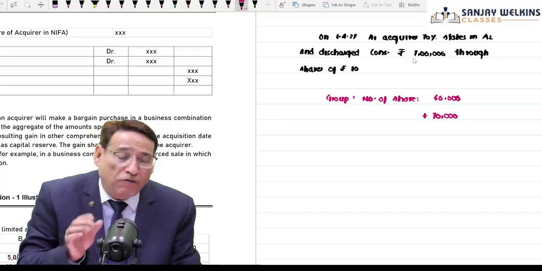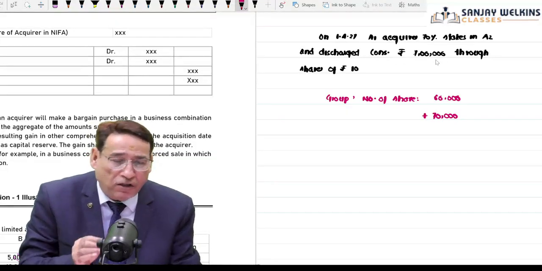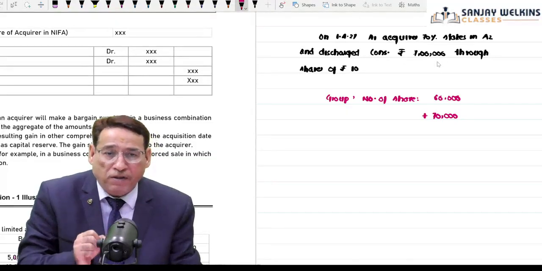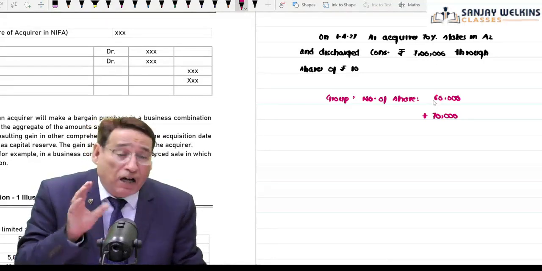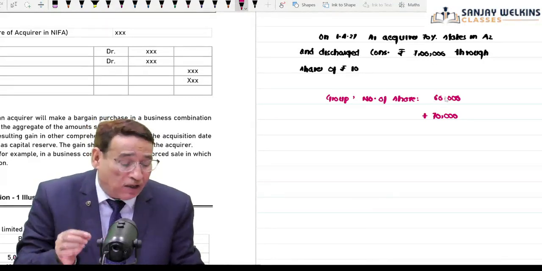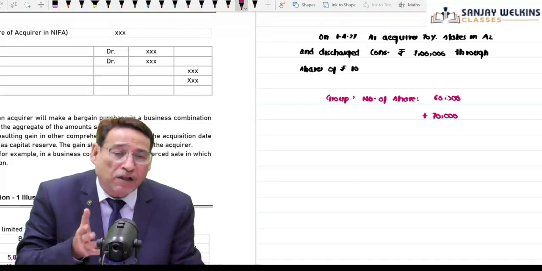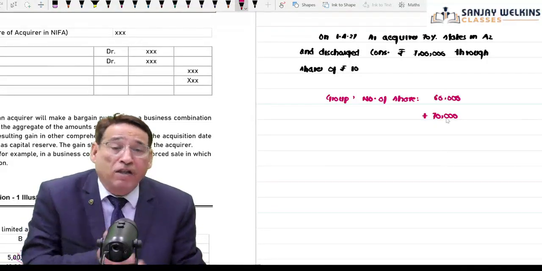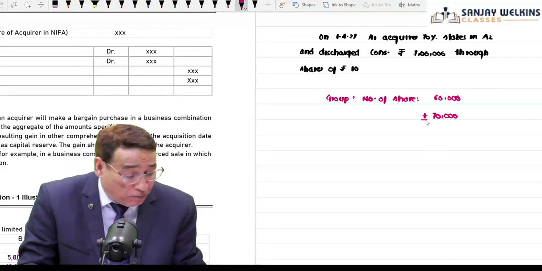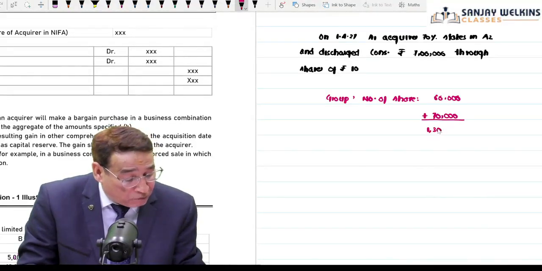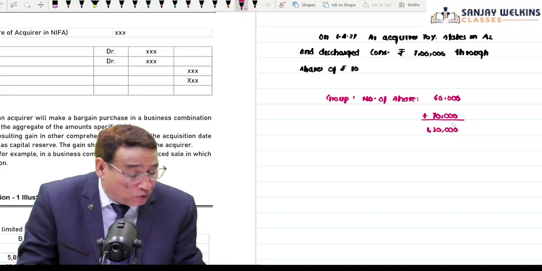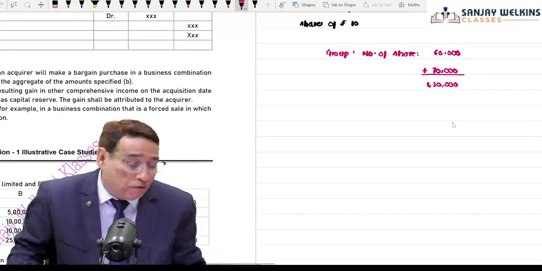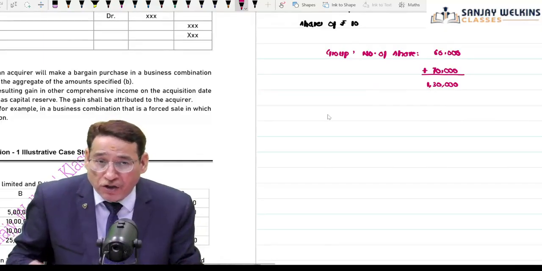Because this time we are discharging the purchase consideration through issue of shares, our share capital will increase. Earlier we had 60,000 shares as issued capital. Now we have issued 70,000 more shares, so our total number of shares will be 1,30,000. So we may say that the group's share capital is 1,30,000 shares of 10 each. Is it clear to you?